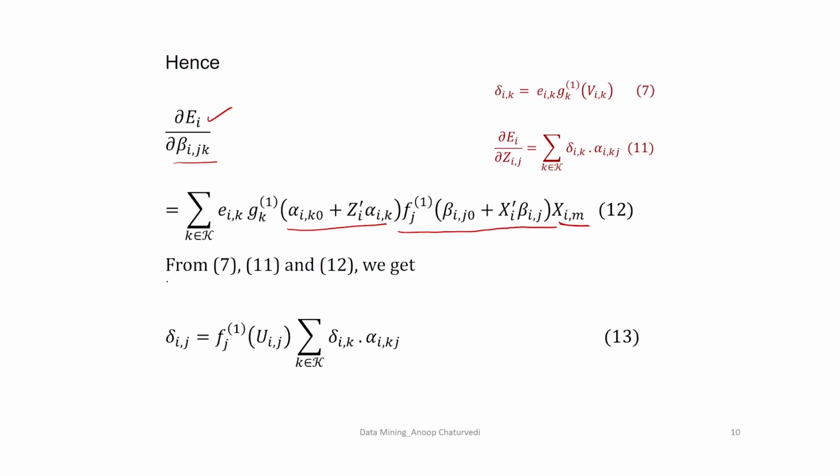Then from equations 7, 11 and 12, we obtain delta_ij equal to f_j1(U_ij) summation over k delta_ik alpha_ikj.